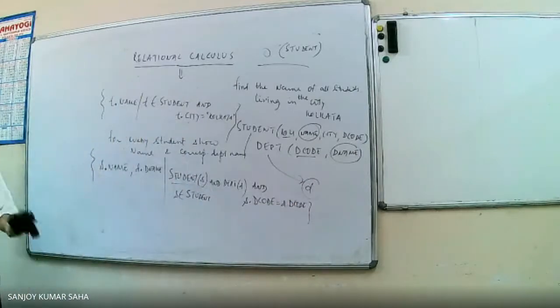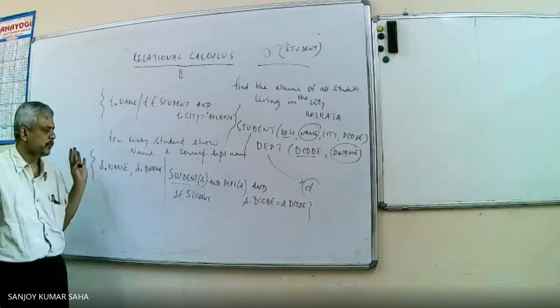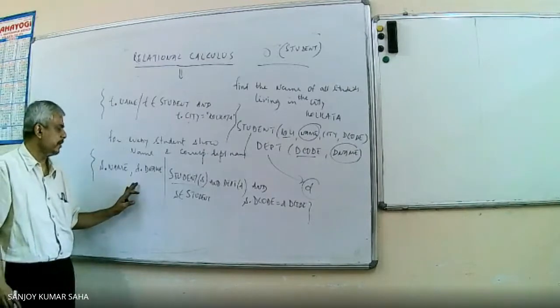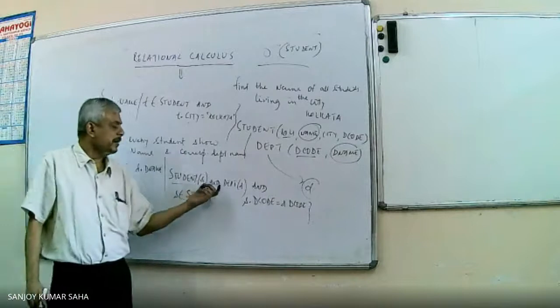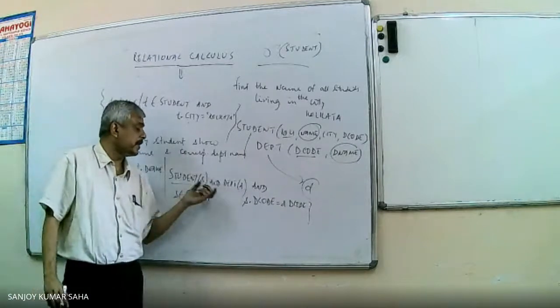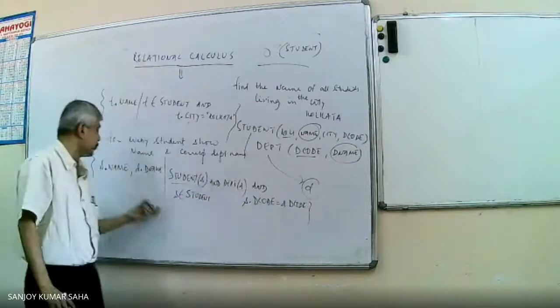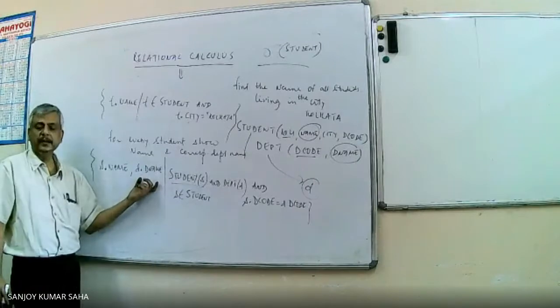We are not talking about condition, product, and all those things. What operation it is, we don't know. This is my requirement. If the department code from student and department is the same, then show me the name of the student and the name of the department.